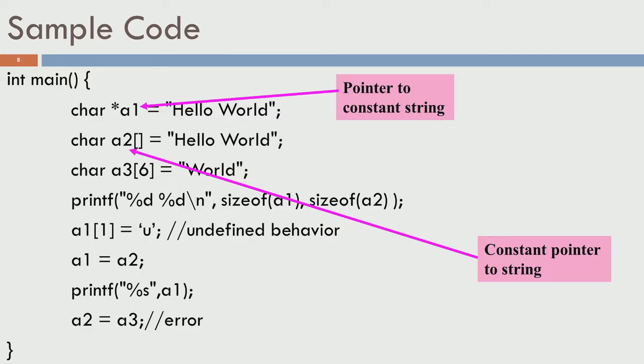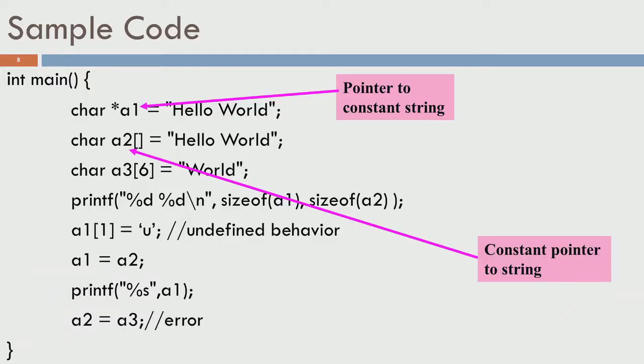This distinction happens because even though pointers and arrays are treated as something which can be interchanged, it is not always true. This is a classical example of a place where pointers and arrays do not really mean the same thing. Now, I said A1 is a pointer to a constant string.